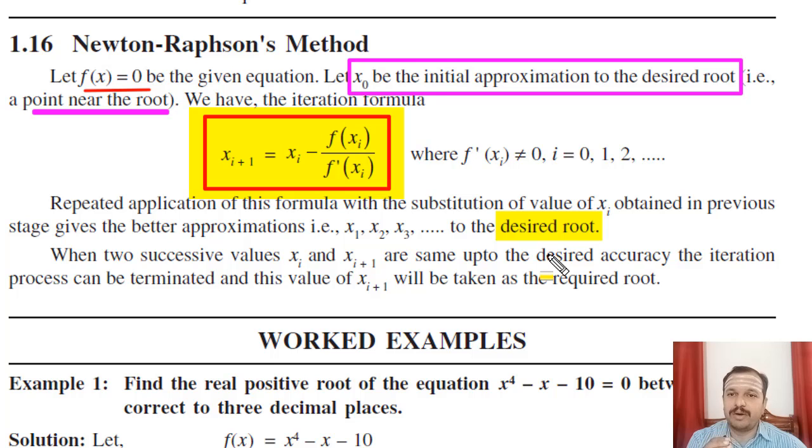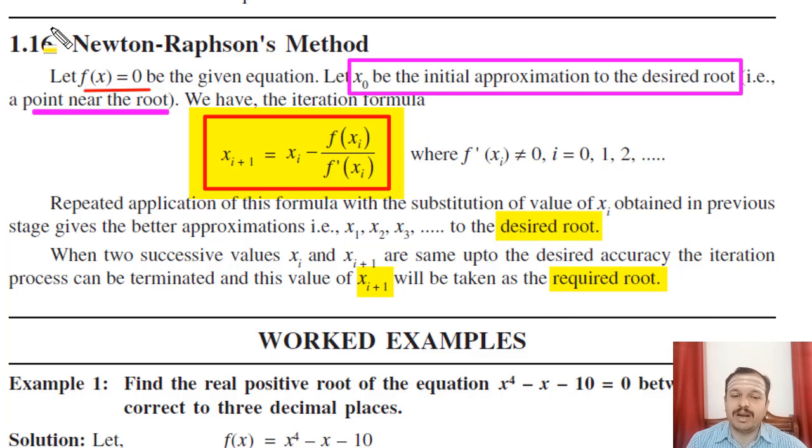If you are required to find the solution correct to 3 or 4 decimal places, you continue the iteration, and after getting the solution up to the desired accuracy, you can terminate the process, and the value you obtain in that step should be taken as the required root. So this is the procedure involved in the Newton-Raphson method.